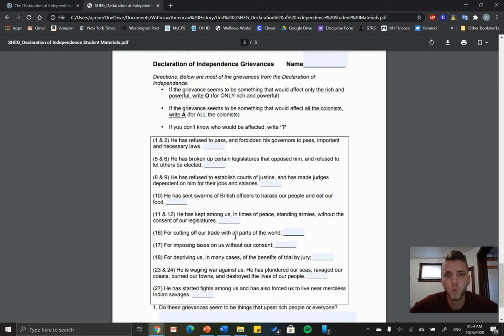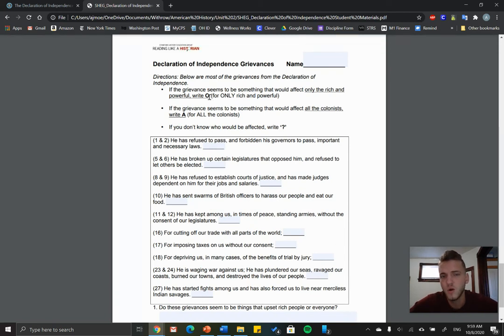And for each one, you either write O, and that means that it's only something that the rich and powerful would care about. Or you write A, which means that this grievance in particular, like pick one, is something that all colonists would probably care about. So O for only the rich and powerful, A for all colonists.